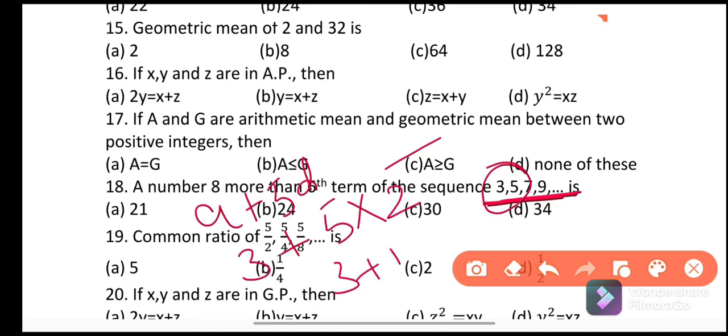That is 3 plus 10, 13. Now 13 plus 8, that is 8 plus 13, 21. So the answer is A option.